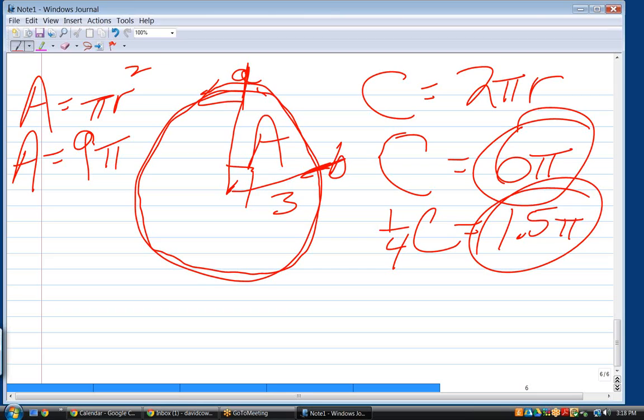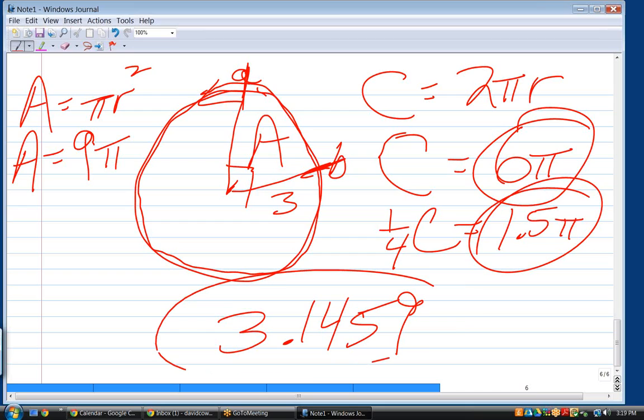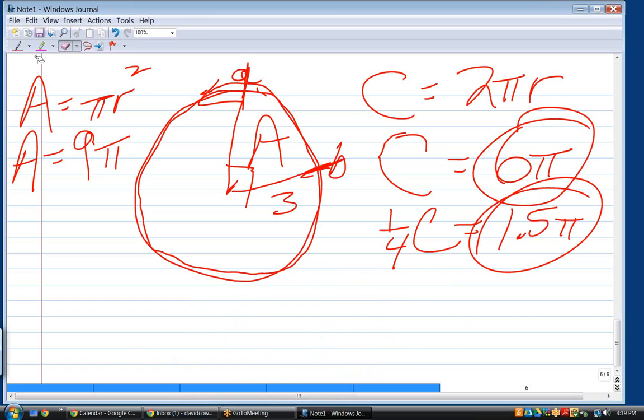Whenever you convert pi to a number, you're rounding it off. You're approximating. You're not giving the true value of it. Even if I told you pi is 3.1459, that is an approximation. I don't want approximations. I want exact values. So the exact area is 9 pi.